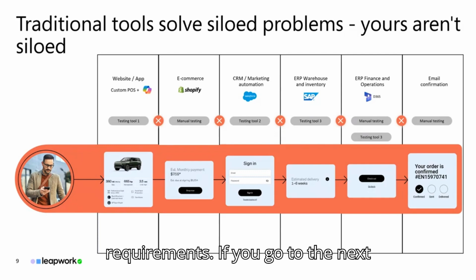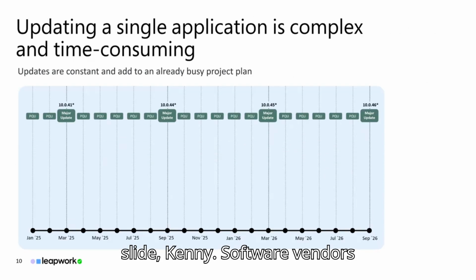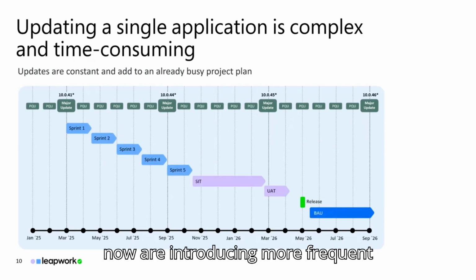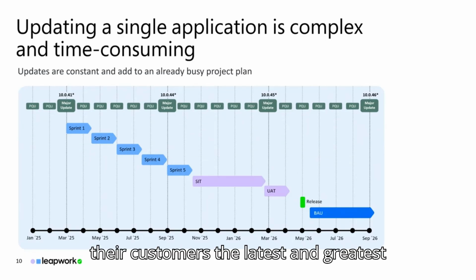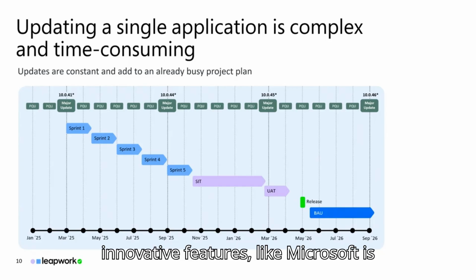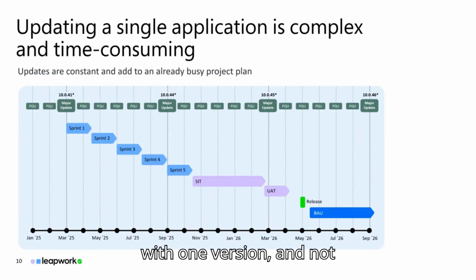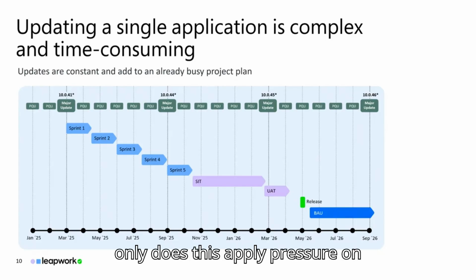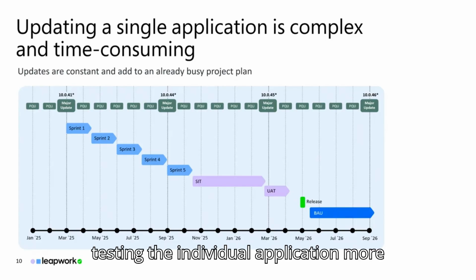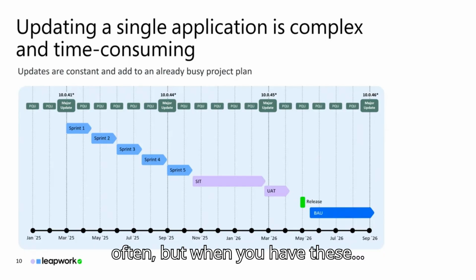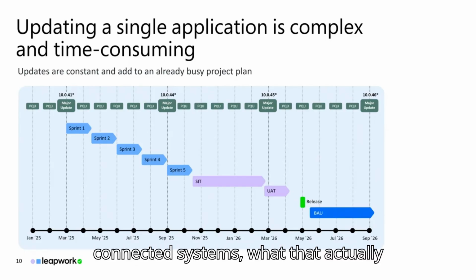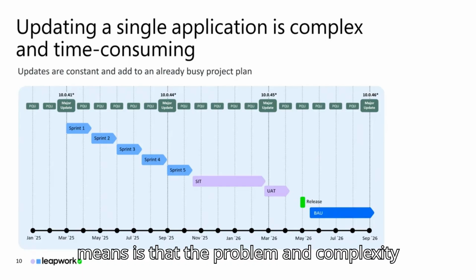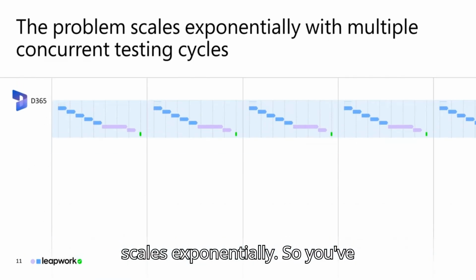And if you go to the next slide, Kenny, software vendors are now introducing more frequent updates, enforcing updates, and giving their customers the latest and greatest innovative features, like Microsoft is with One Version. Not only does this apply pressure on testing the individual application more often, but when you have these interconnected systems, the problem and complexity scales exponentially.